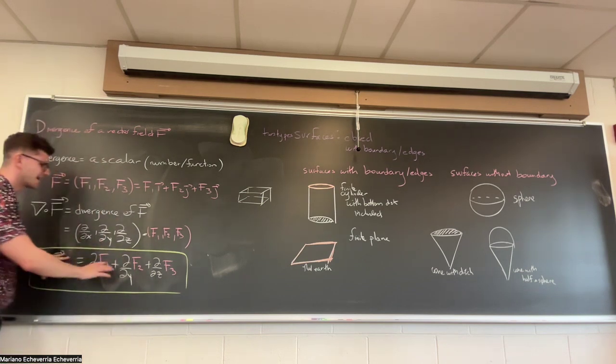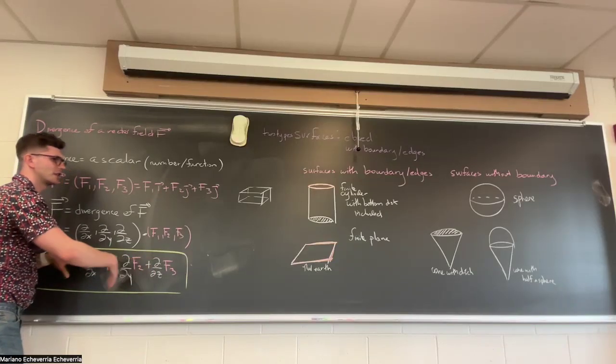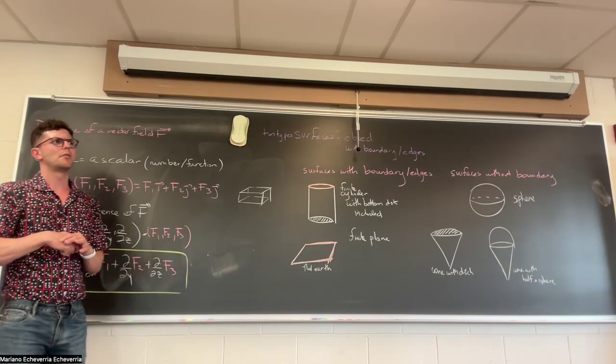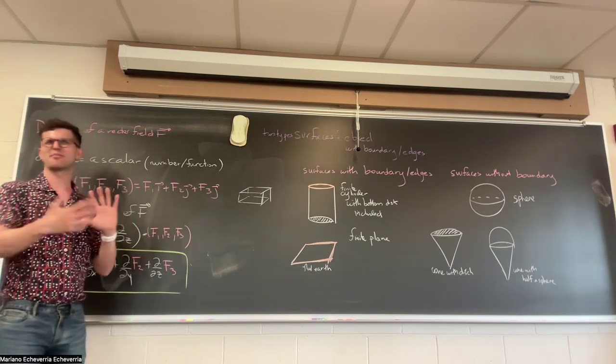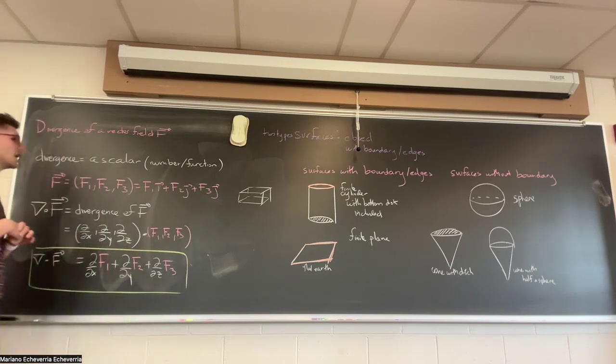You could just write it out explicitly first, and then as a memorization skill, you can realize it can be rewritten as a dot product of sorts, if you know what I mean.